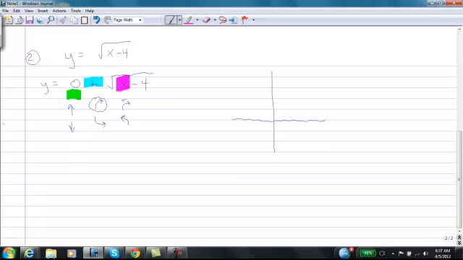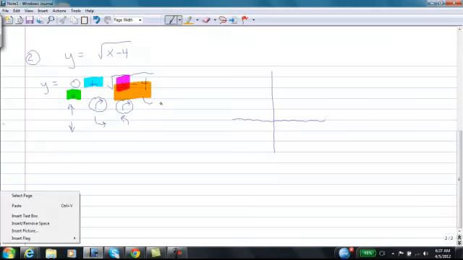In this case, it'll open to the right. This is a 0. Okay, now the last thing we need to look at is what makes the inside 0. So, x minus 4 equals 0. Add a 4 to both sides.